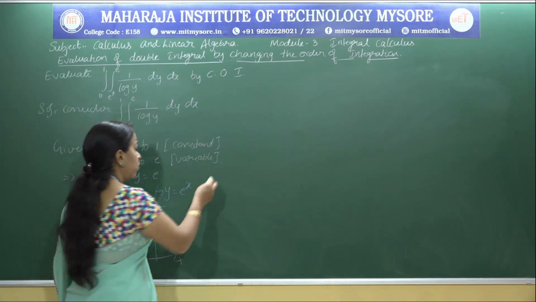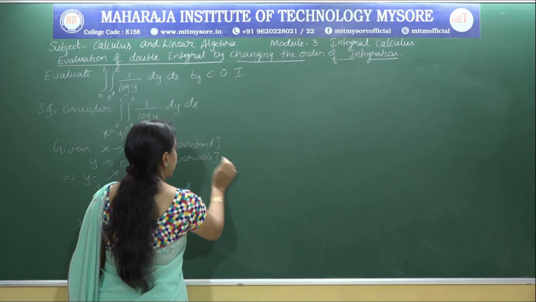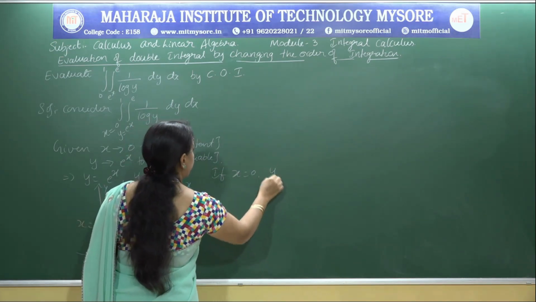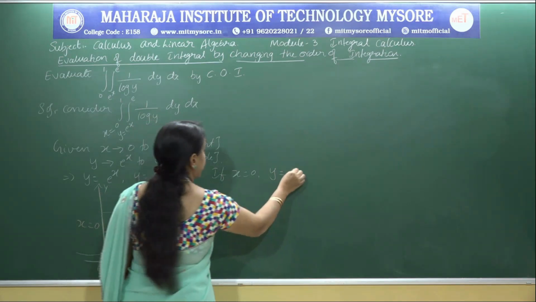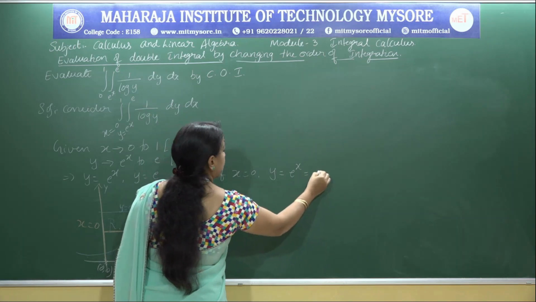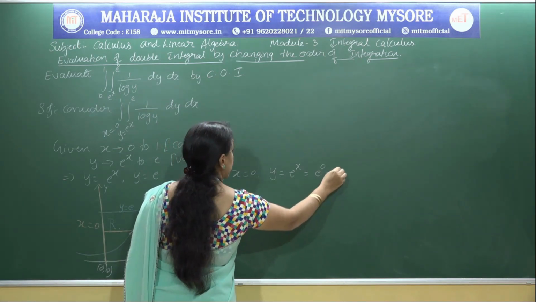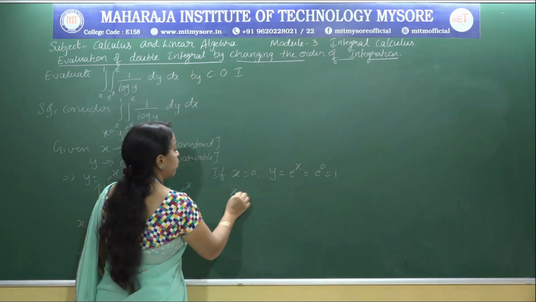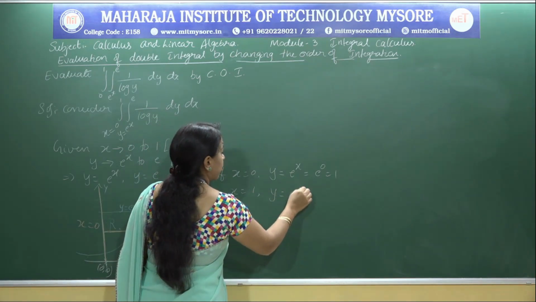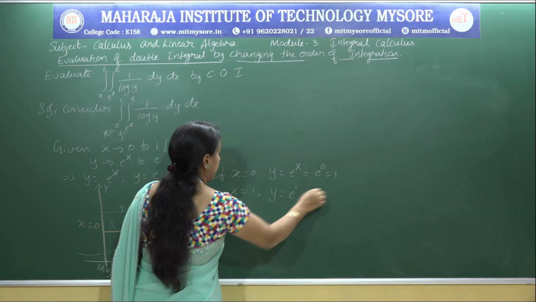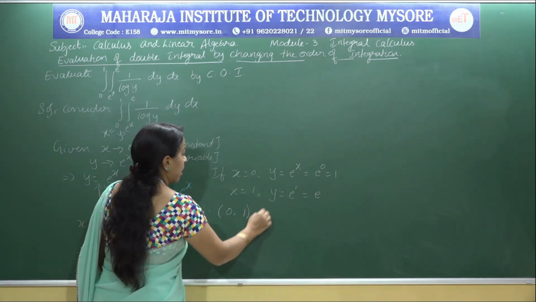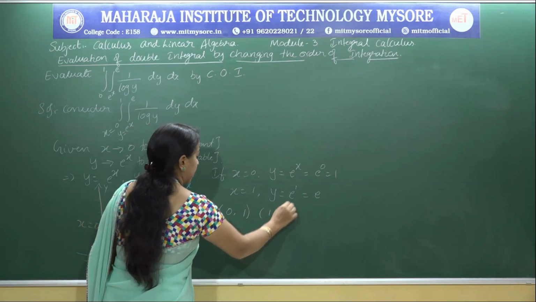If x is 0, what will be our y? We have y equal to e power x, so y equal to e to the power of 0 is nothing but 1, and for x equal to 1, y equal to e to the power of 1 is nothing but e. Therefore, the points are 0, 1 and 1, e.